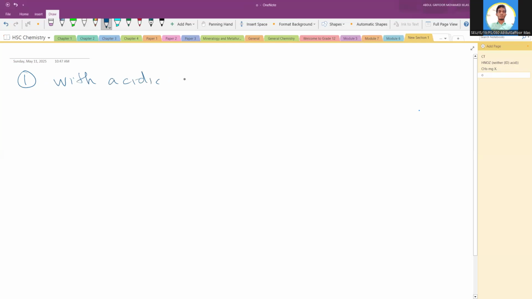I'm very bad at spellings, so while I'm writing, don't worry about spelling mistakes. This is an aqueous solution. First of all, you have to dissolve these acids into water.